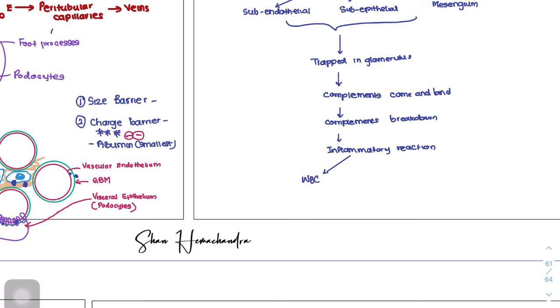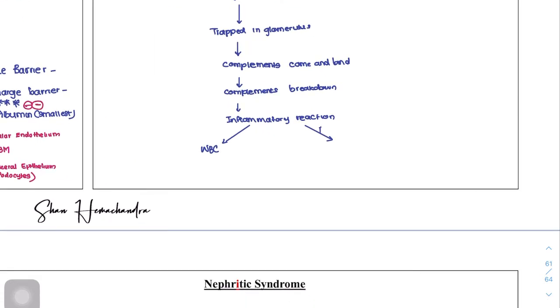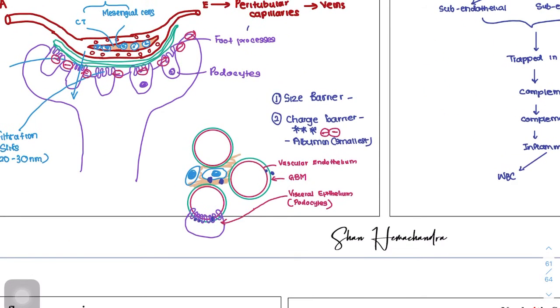White blood cells come in, and fluid also comes in. Also, we get repair happening. What happens in repair? We get proliferation of these cells: mesangial proliferation, endothelial proliferation, and parietal epithelial. I did not talk about the parietal epithelium, but it is basically the outermost. It will be outside. This is the parietal epithelium.